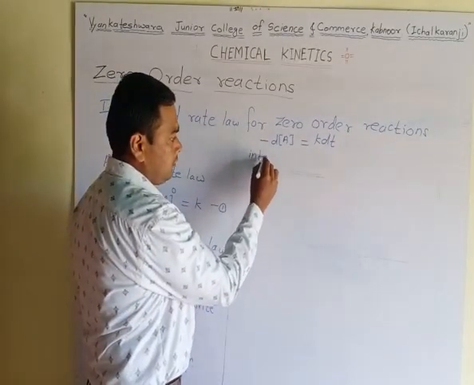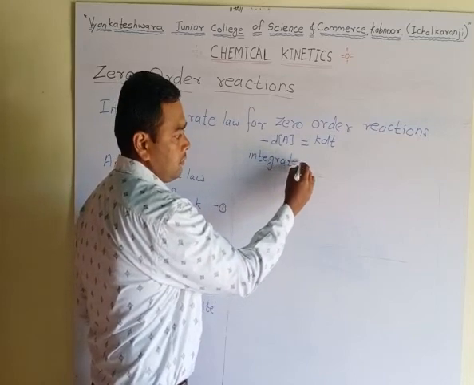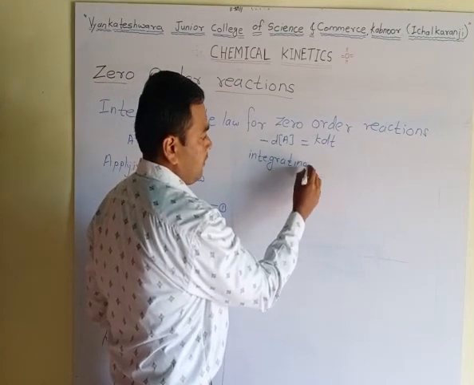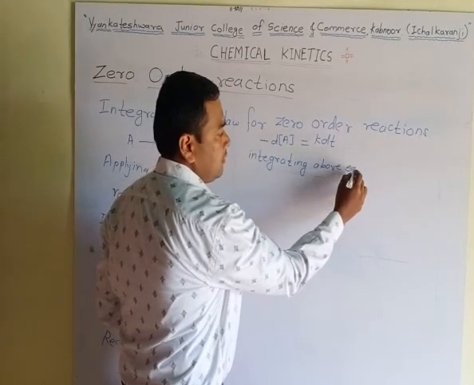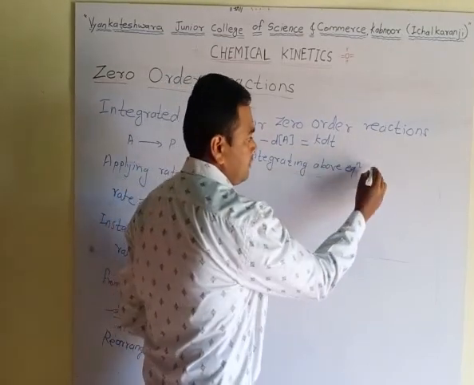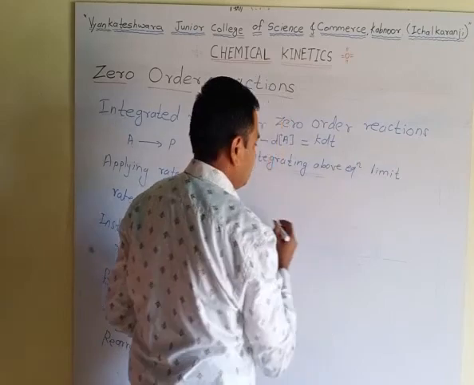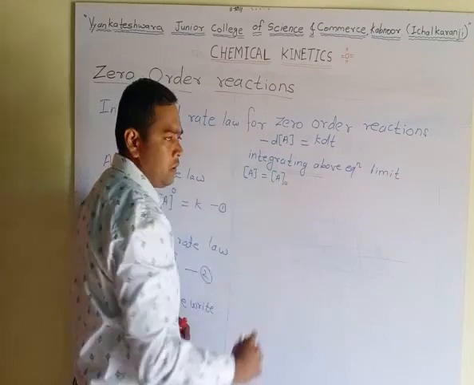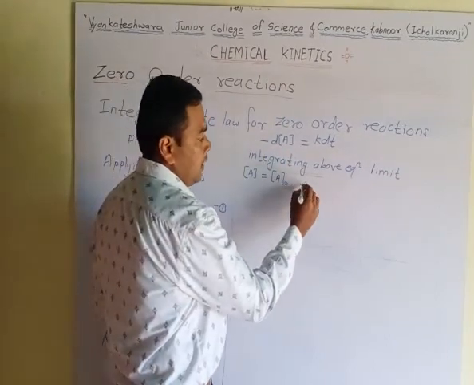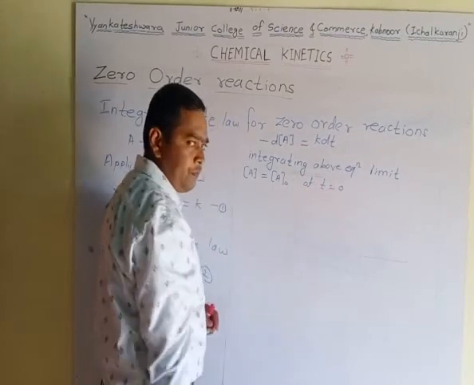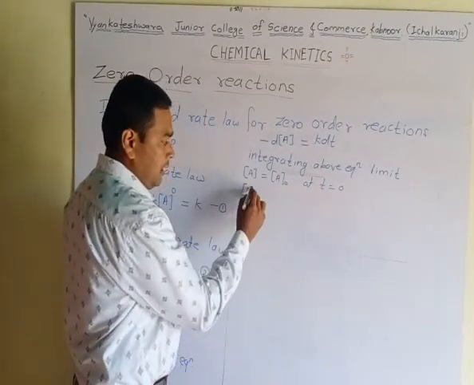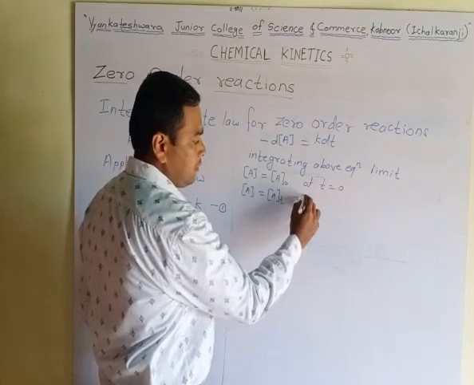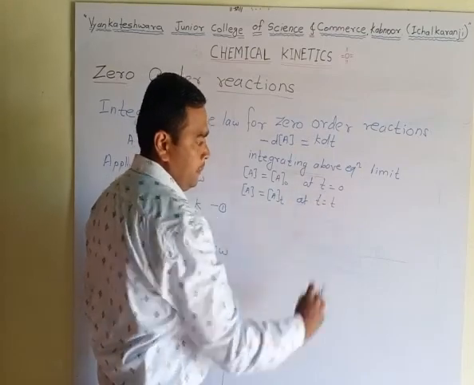Integrating the above equation in the limit, concentration of A equal to A0, this is the initial concentration at time t equal to 0, and concentration of At after time t, at t equal to t.